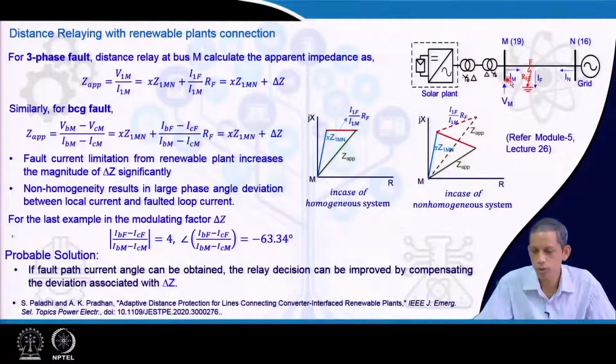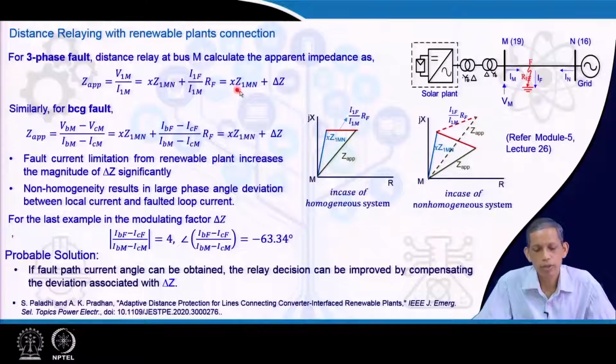So, here we are talking about V1 upon I1m. That equals the distance of fault x times Z1mn, the positive sequence line impedance of MN, plus the modulating factor I1f upon I1m times Rf. This is the voltage at this point Vf that modulates.